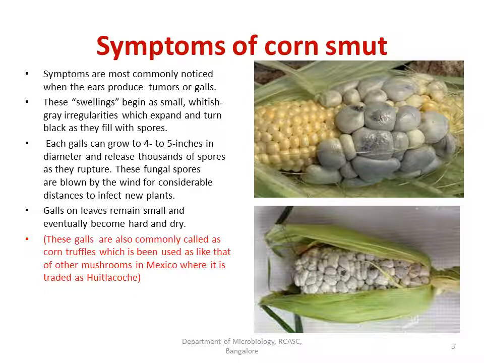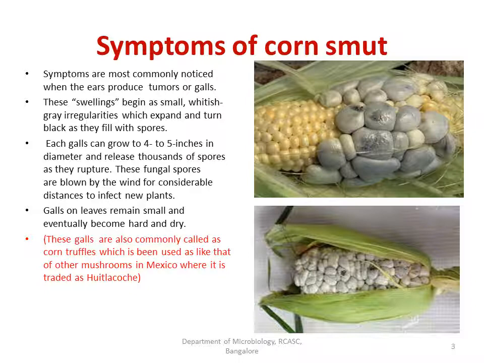It is traded as Huitlacoche, where it has the highest commercial value because of its medicinal properties, its rich protein content, and its particular odor, because of which it has been extensively used.